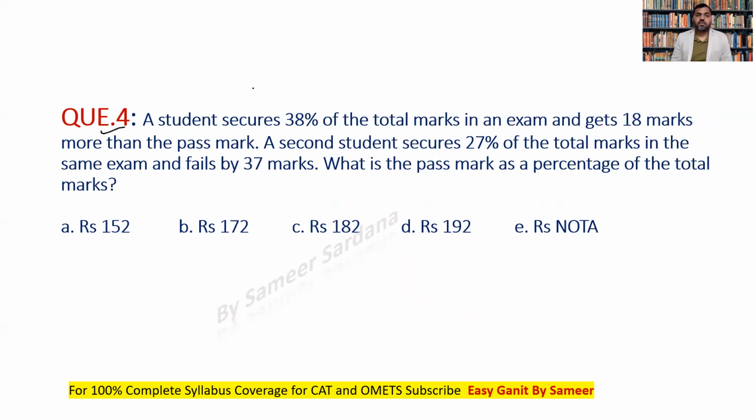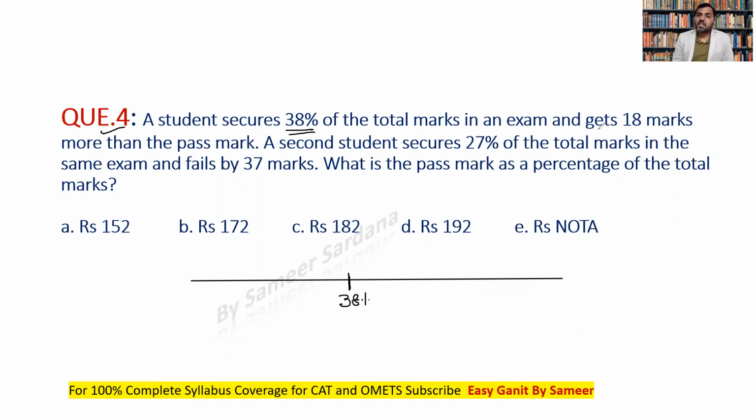Look at question number 4. A student secures 38% of the total marks in an exam and gets 18 marks more than the pass marks. Every time you're solving a marks-based question, always try to solve it on a number line. Let's assume that this represents the total number of marks, 100% of the marks. Now somebody who is getting 38% of the total marks, let's say this is the mark which represents 38% on the number line.